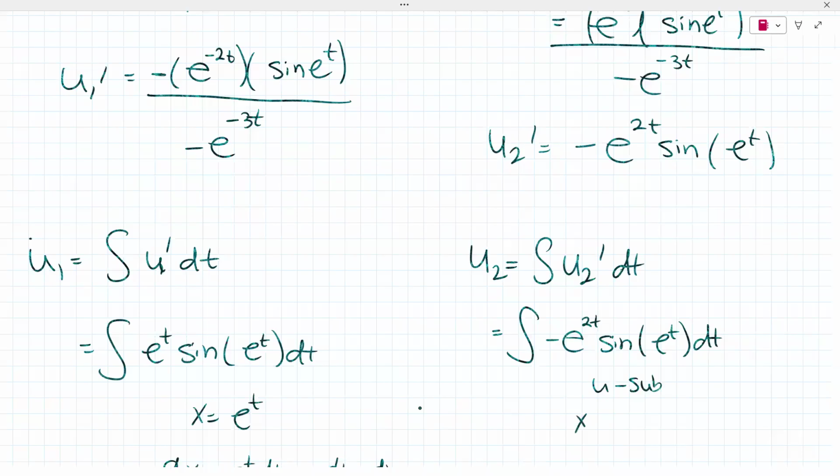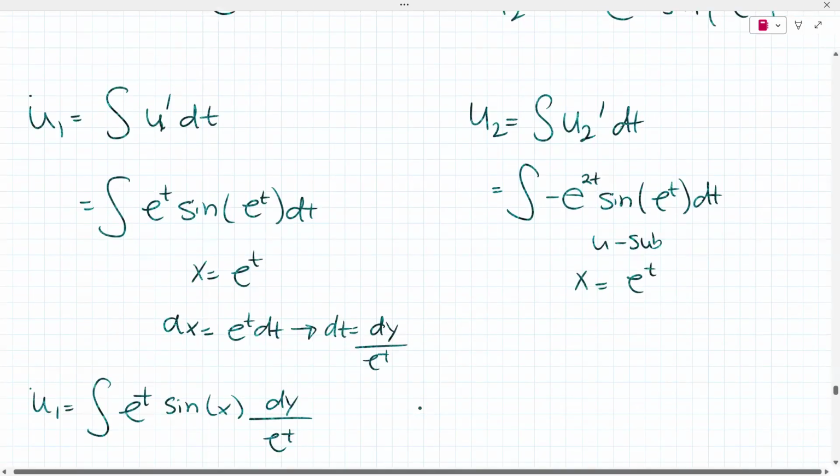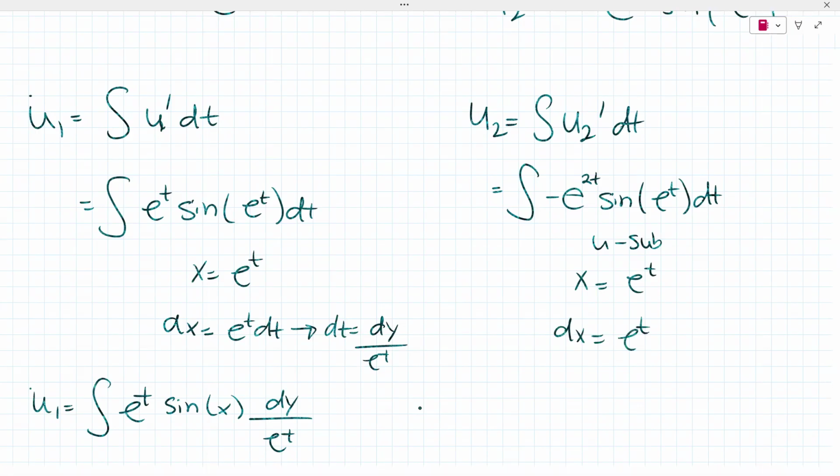So my x is going to be e^t. And then my dx is e^t dt. So my dt is dx over e^t.